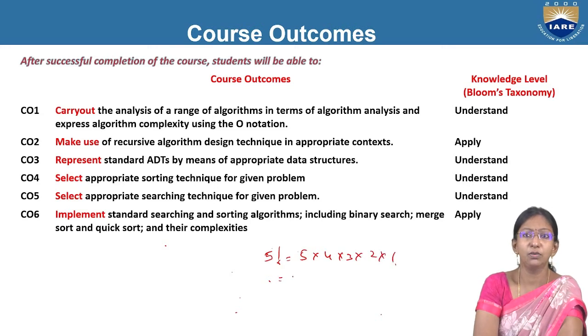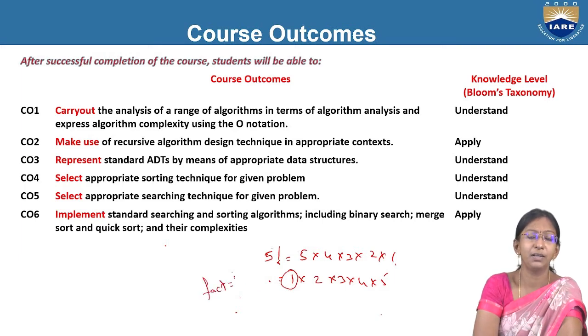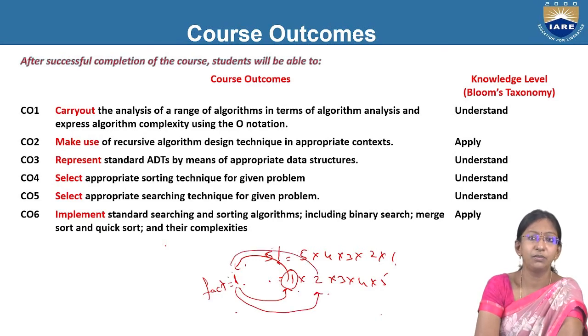Even like this also you can do 1 into 2 into 3 into 4 into 5. What I'm going to do is I'll start with 1, I'll take fact as a temporary variable as 1, multiplied with 1, and the result is fed into fact which is 1, and the result is multiplied with 2, and the result is stored in fact which is 2. Then this 2 is multiplied with 3, and the result is stored over here which is 6, right?